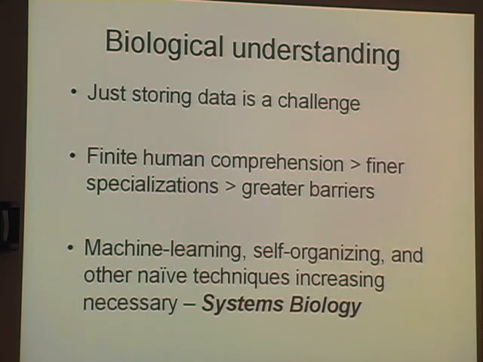Most of the people working today will drill down into very fine specializations, so we're getting a lot of functional barriers between different groups. This has led to the growth of something called systems biology, which is really applying algorithms to doing things like determining gene function, doing diagnostics, and being able to make predictive models and visualizations, et cetera.